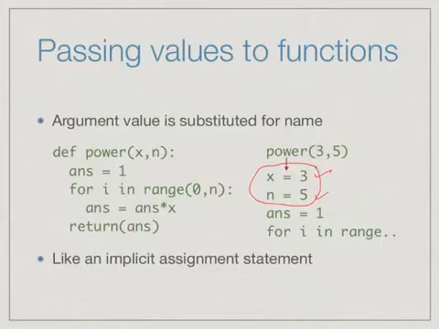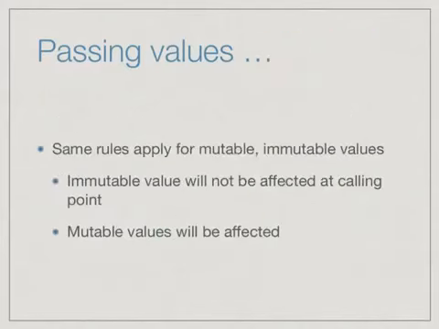And since it is an assignment, this behaves very much like assignment in the regular case. In particular, the same rules apply for mutable and immutable values. Remember, we said that when we write something like x equal to y, if it is immutable, that is the value in y cannot be changed in place, then we copy the value and we get a fresh copy in x.